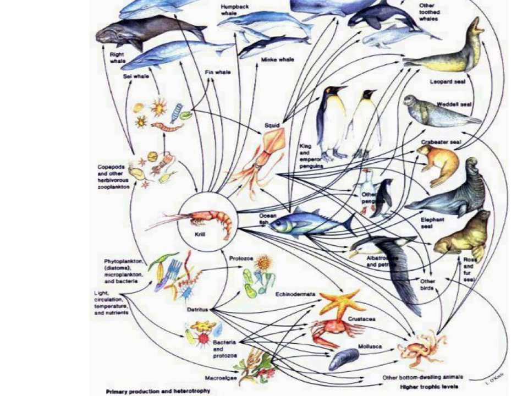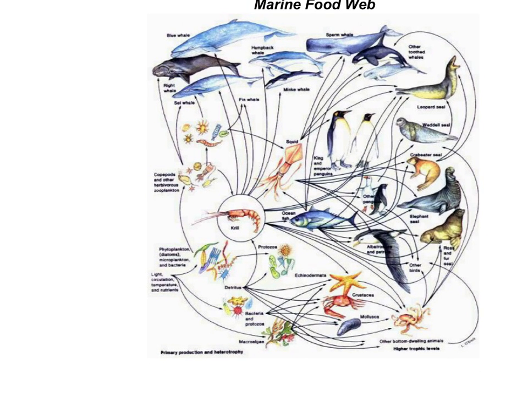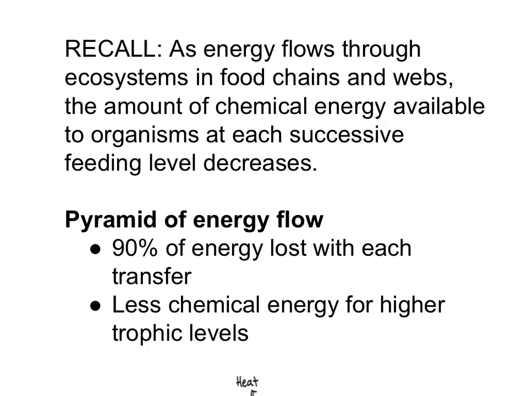All right, but this food web is similar to any terrestrial food web, right? We have our primary producers down here, okay? And you've got lots of different primary consumers and secondary consumers, and it's not that different. We're going to see that when you look at biomass, marine food webs can actually be quite different from terrestrial food webs.